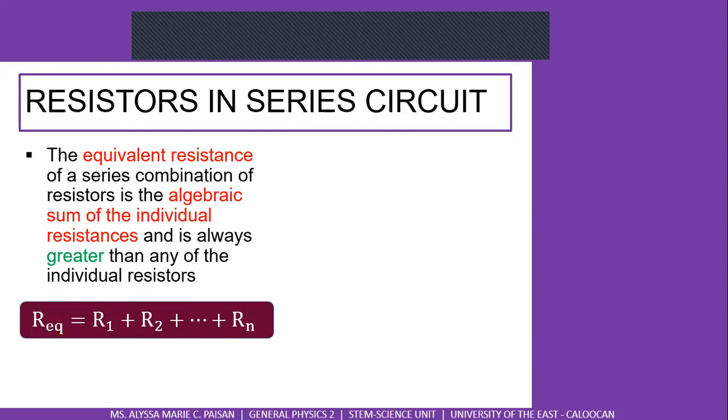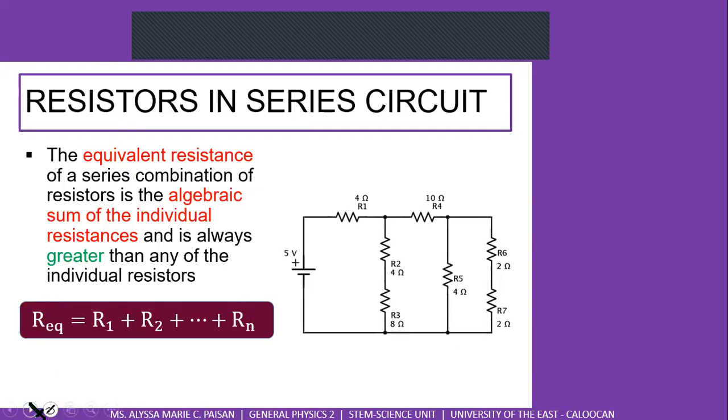So, again, kung apat yung resistor mo, this expression would become R equivalent is equal to R1 plus R2 plus R3 plus R4. At syempre, ito na naman ulit ang ating combination circuit. So, balik na tayo dito sa R6 tsaka sa R7. Ayan, naka-series din naman sila.